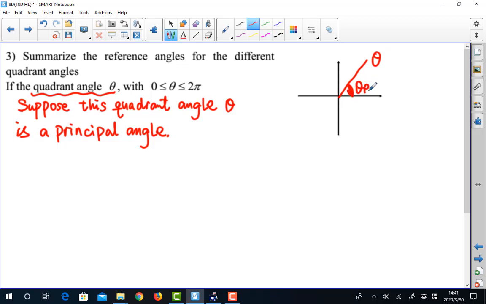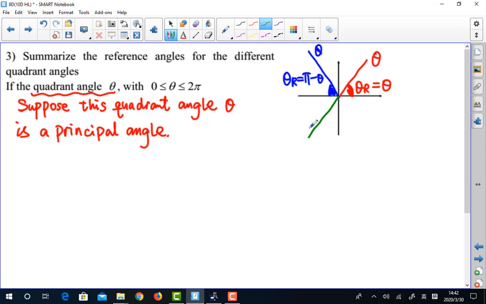So theta r equals theta. When the quadrant angle terminates in the second quadrant, so this is my theta, where is its reference angle? The reference angle must be here. The reference angle equals pi minus theta. In degree measure, you can say theta r equals 180 degrees minus theta in degrees.